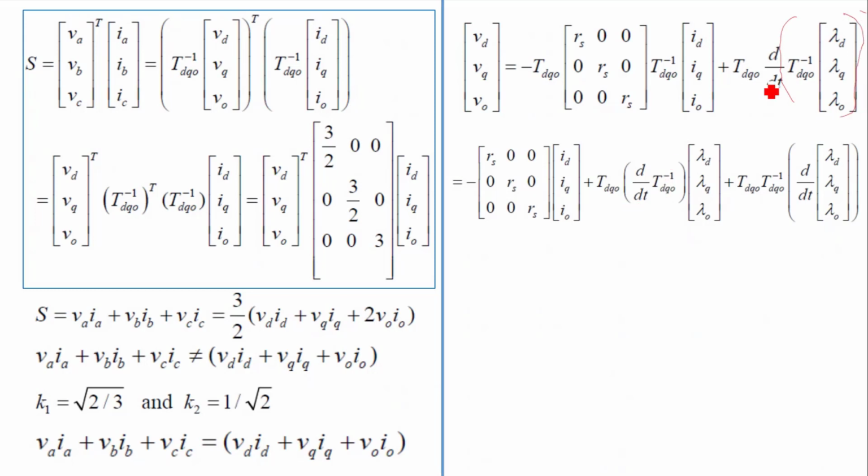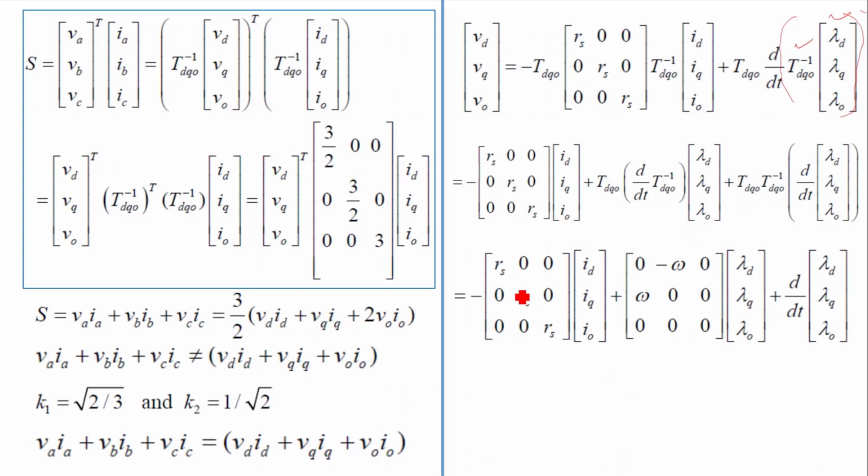So therefore, I can segregate, because this is the multiplication of two factors. I can write the derivative by applying the multiplication rule: TDQO into d/dt of TDQO inverse lambda d, lambda q, lambda o, plus TDQO, TDQO inverse, again, it will come out, and d/dt of lambda d, lambda q, lambda o.